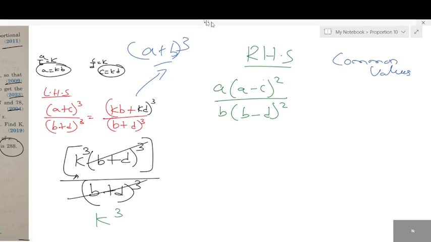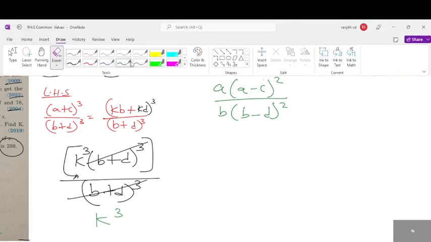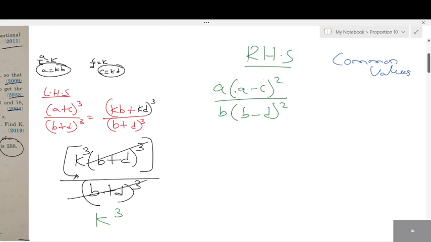Don't write all those formulas; you'll end up getting wrong answers. So take out the k value, and the other two will get cancelled. Next one. You all try the RHS, complete LHS and try the RHS. kb into kb minus kd the whole square divided by b as it is, b minus d the whole square.